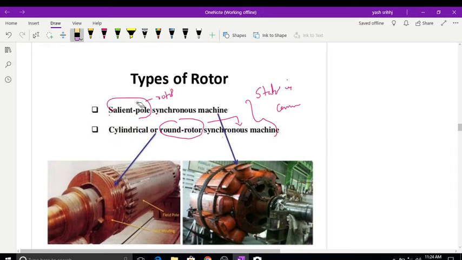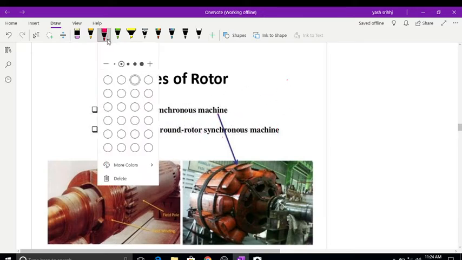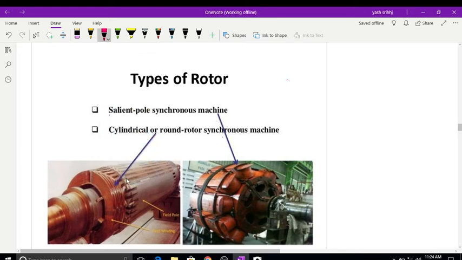So you can see here, the two types of rotors are clearly visible. This is a cylindrical or round rotor. The length is more, but the diameter is less.